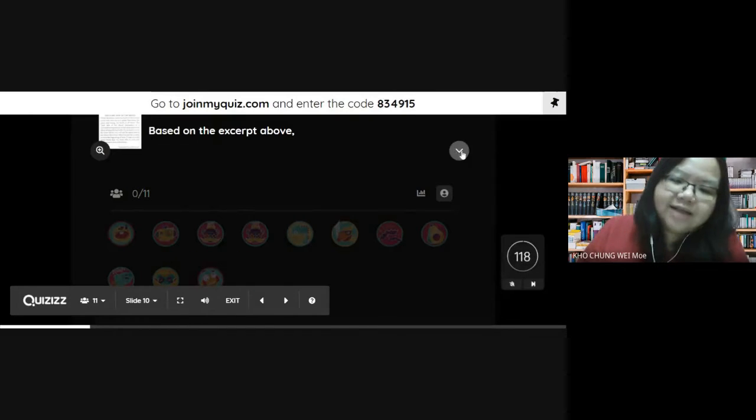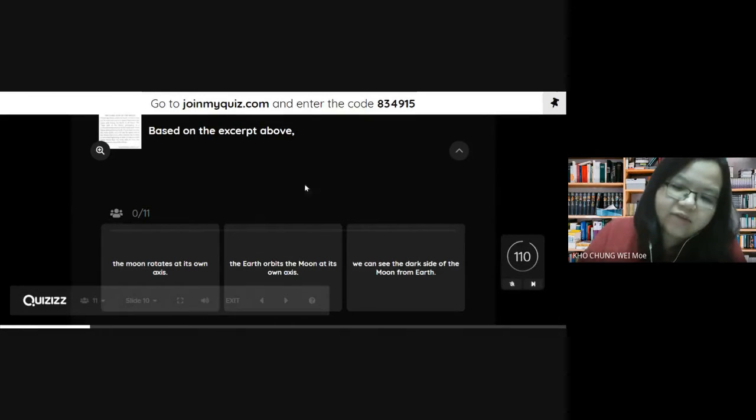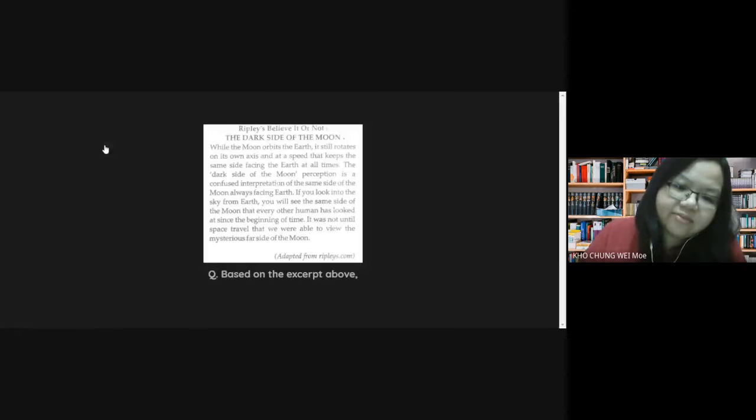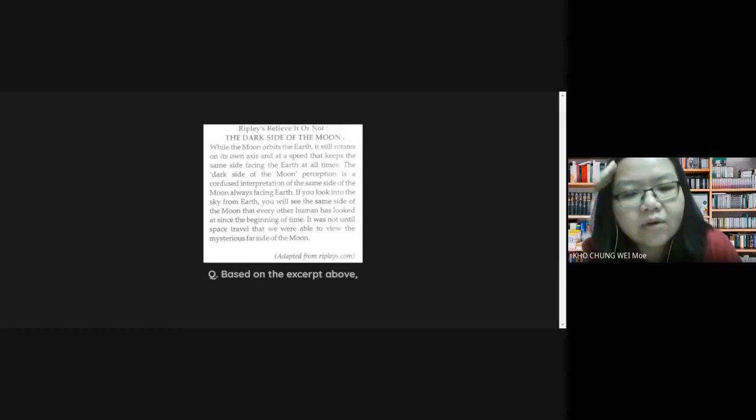Based on the excerpt above, the moon rotates at its own axis, the earth orbits the moon at its own axis. We can see the dark side of the moon from earth. Okay, it's quite a long excerpt, so I'll read it for you. Please believe it or not, the dark side of the moon. While the moon orbits the earth, it still rotates on its own axis and at a speed that keeps the same side facing the earth at all times.